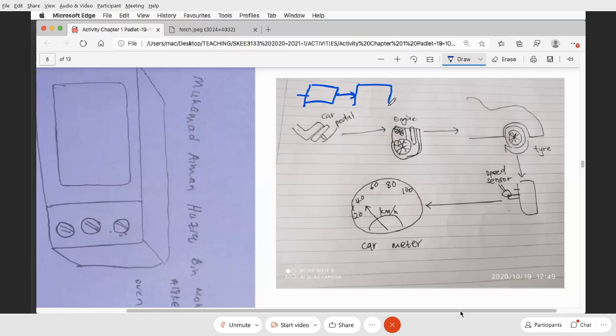Then the current speed will give the reading to the driver. So if the driver didn't put the cruise control, we can make it a manual closed loop. If the driver puts the cruise control to 100 kilometers per hour, it can be an automatic closed loop system.